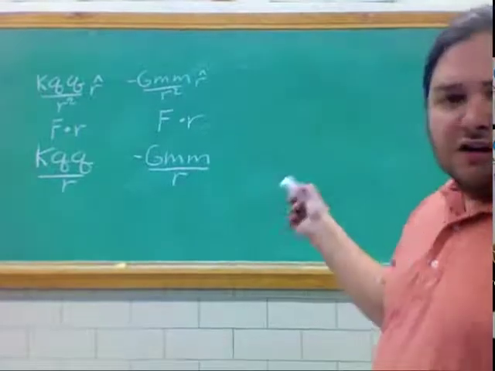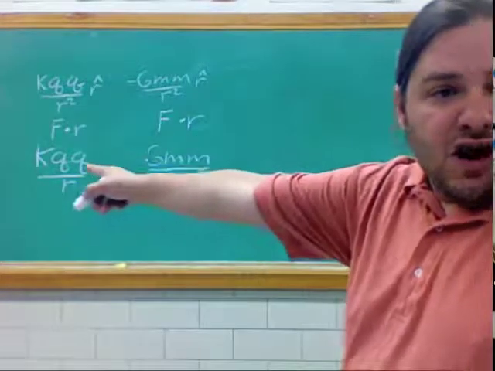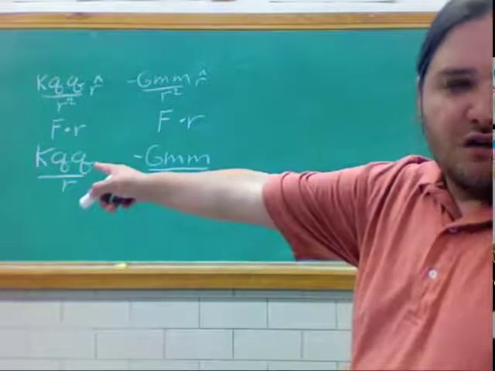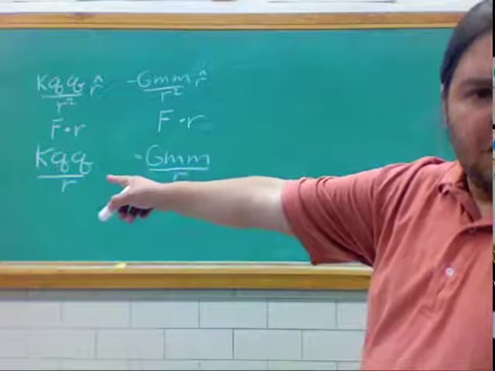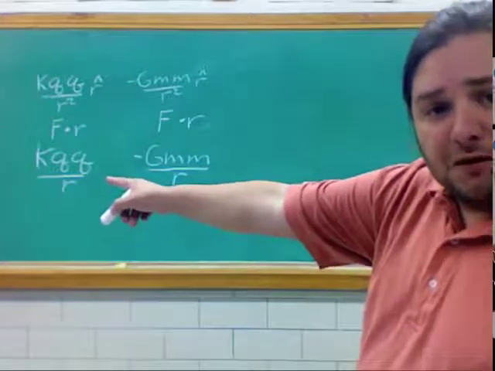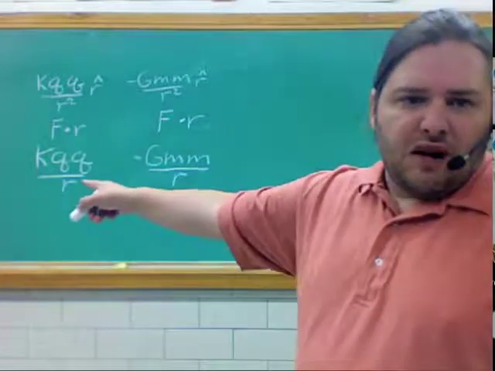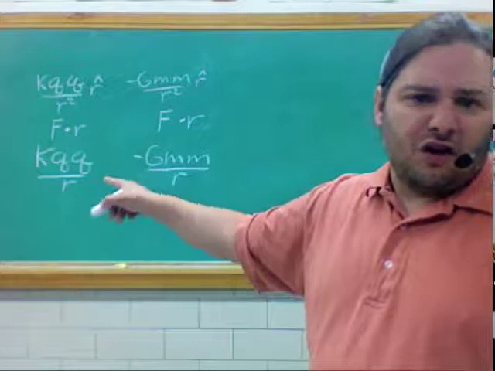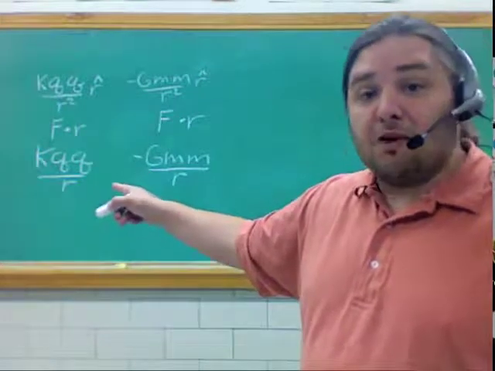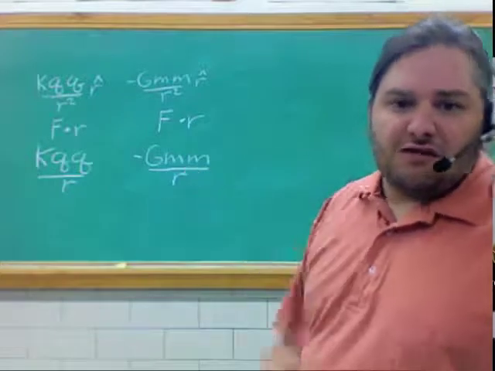Looking at K q q over r, it looks like if I have a proton and an electron, I've got myself something that's relatively stable, depending on the kinetic energy. Remember, when we talk about stability, we're talking about total energy. The total energy turns out to be negative, so the system is stabler. And it looks like gravitational force is always going to be stable.